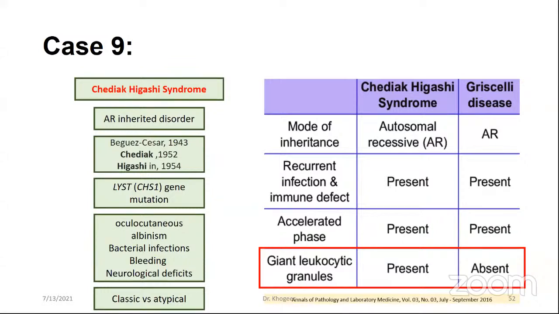The symptoms of Griscelli syndrome and Chediak-Higashi are almost similar, but on laboratory analysis, the white blood cells do not have the giant granules like those seen in Chediak-Higashi syndrome. Therefore, the diagnosis is made differentially based on these white blood cell granules.